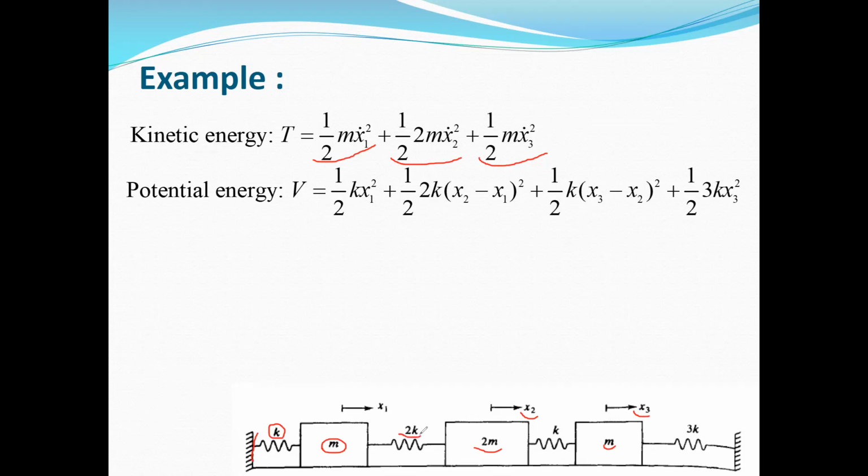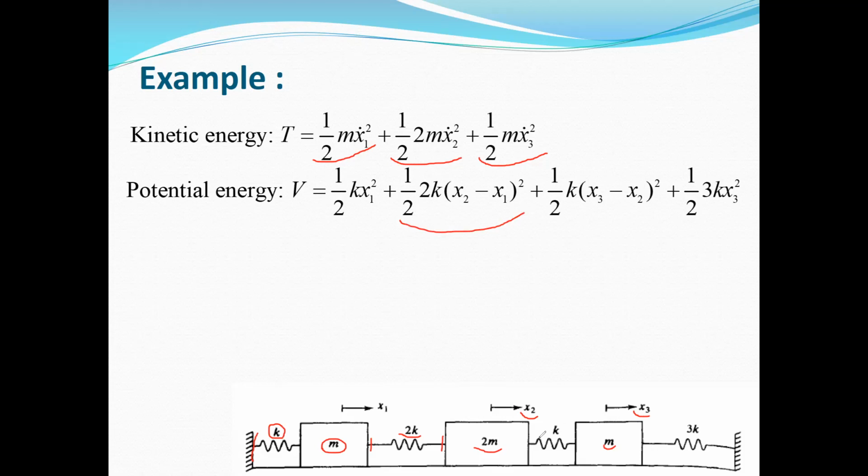The spring with the stiffness 2k has two movable edges, so the displacement in this spring is equal to the difference between x1 and x2. So the potential energy is equal to half times 2k times (x1 minus x2) squared, or (x2 minus x1) squared. No different, both of them will be the same. And this is the potential energy for this spring.